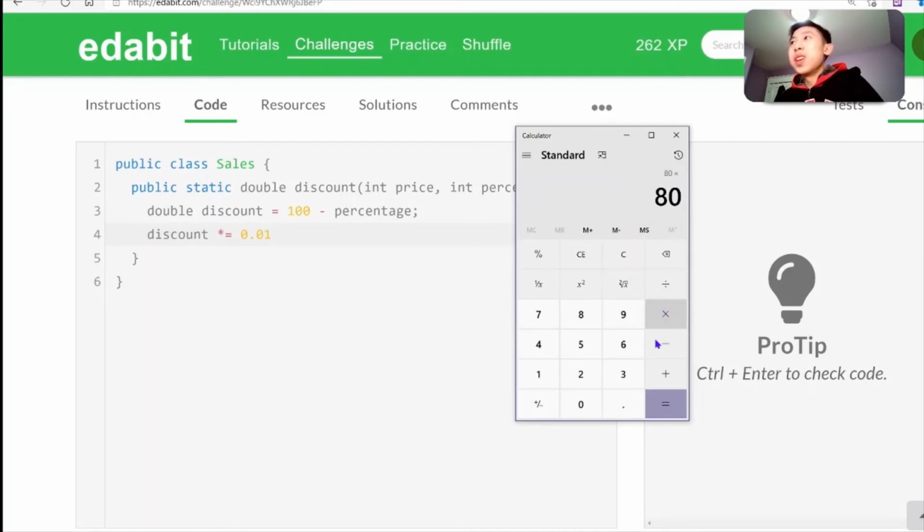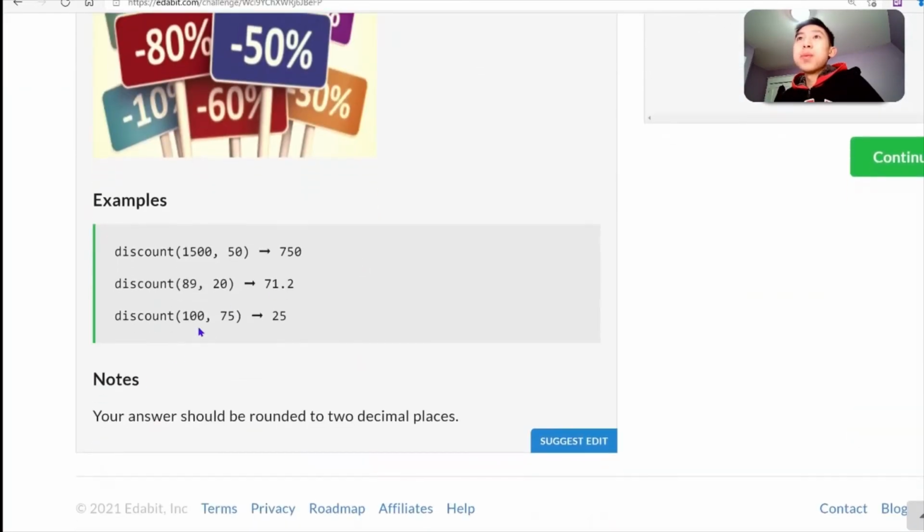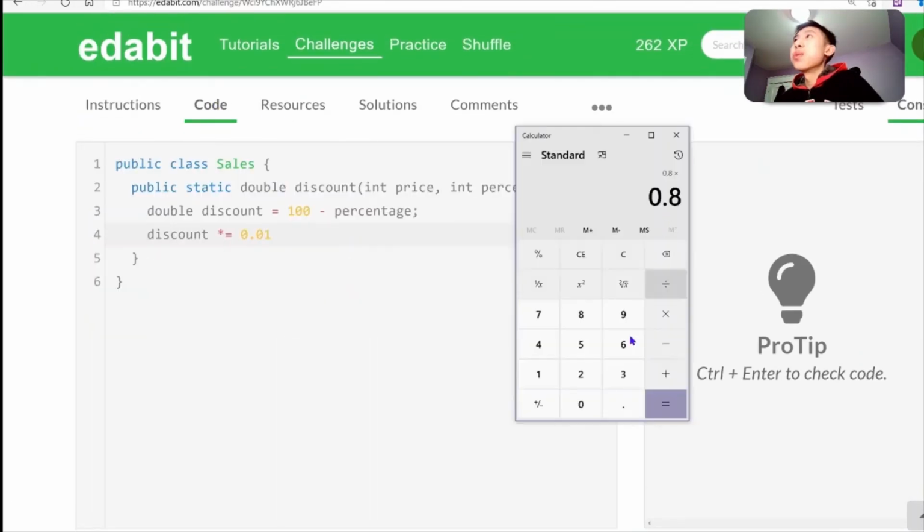Then we take 80 multiplied by 0.01, and then this is 0.8. Then you take this number times the original price, here 89 for this example.